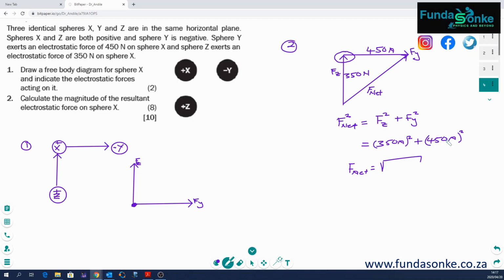Okay, I'll have to use my calculator to do that. Okay, 350 squared plus 450 squared will give us 325,000. So then that means our force net is equal to the square root of 325,000 newtons squared.